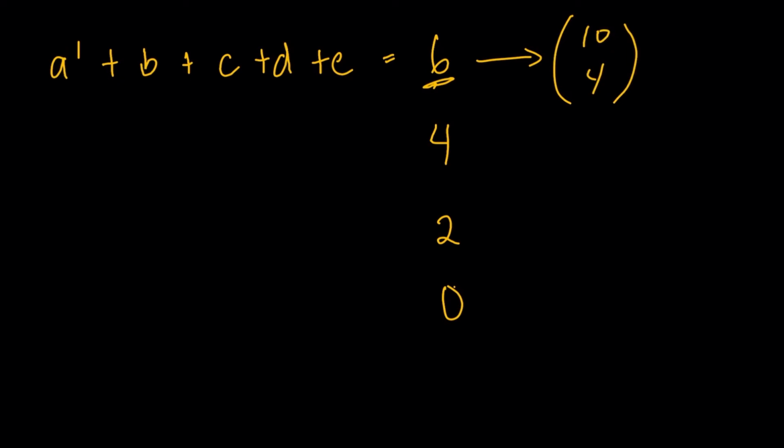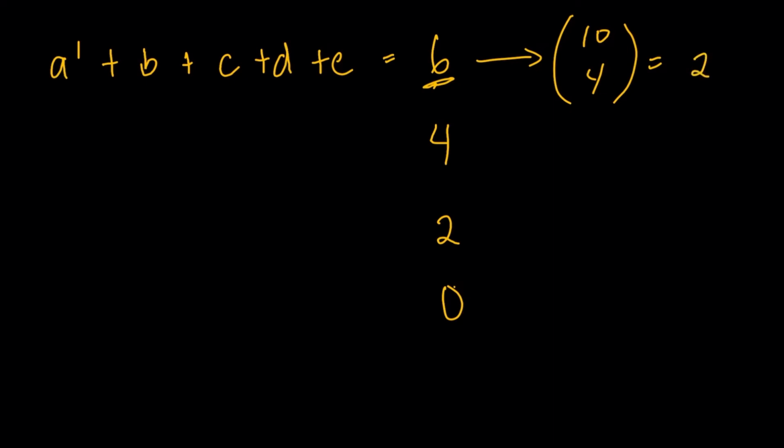Now, 10 choose 4, if you evaluate that, it's going to be 10 times 9 times 8 times 7 divided by 4 times 3 times 2 times 1. We can cancel a lot of things here. The 8 cancels out, the 9 and the 3 cancel nicely. So we get an answer of 210 for 10 choose 4.